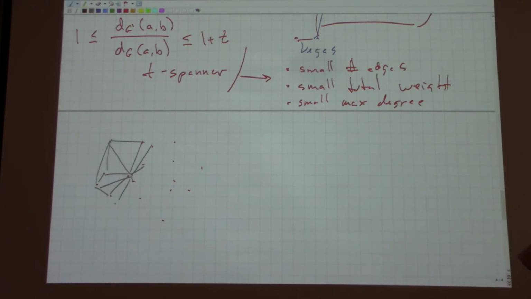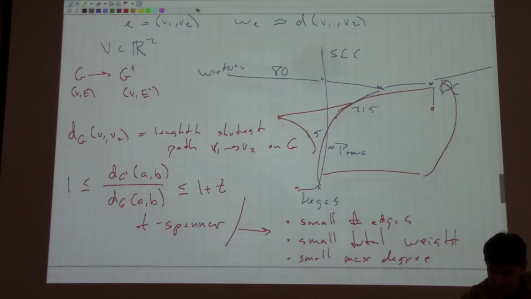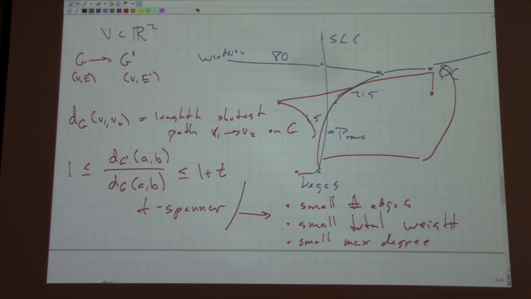Just before I talk about algorithms, one more modeling issue which is kind of important. Is a road network a planar graph? Is a planar graph a good model for a road network?